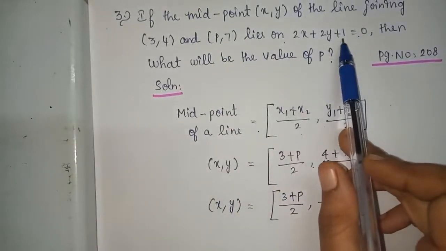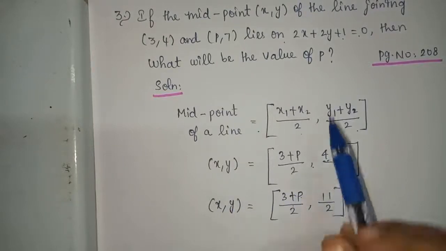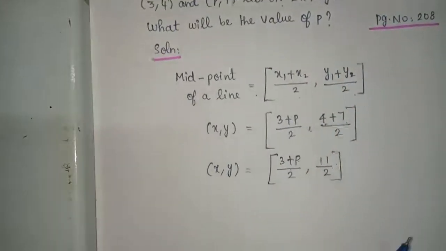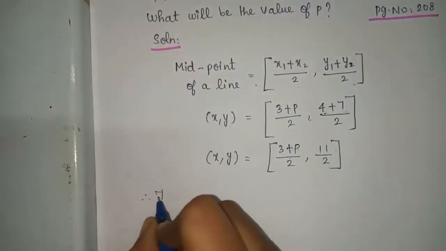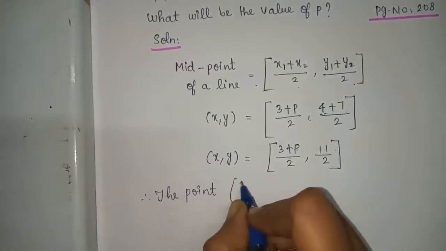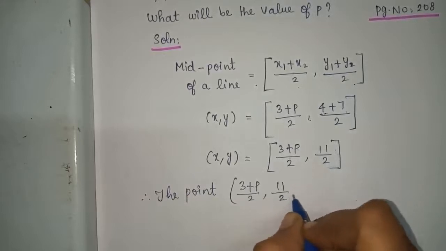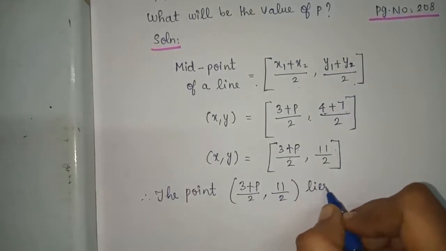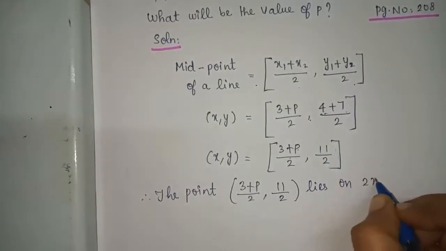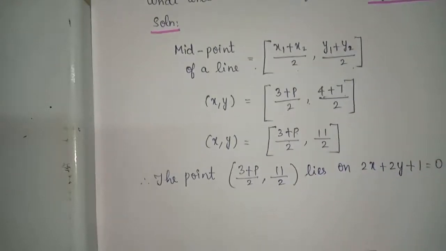So now you are going to substitute the value of x. So this is the x coordinate. So you substitute the value of x and y in this equation. So therefore the point 3 plus p divided by 2 comma 11 by 2 lies on 2x plus 2y plus 1 is equal to 0.